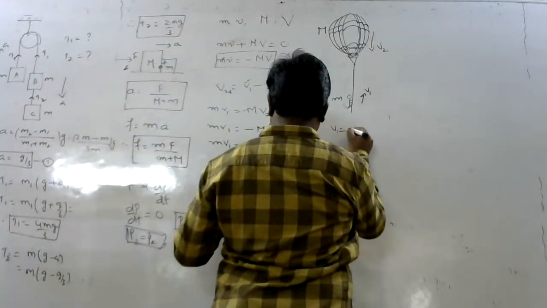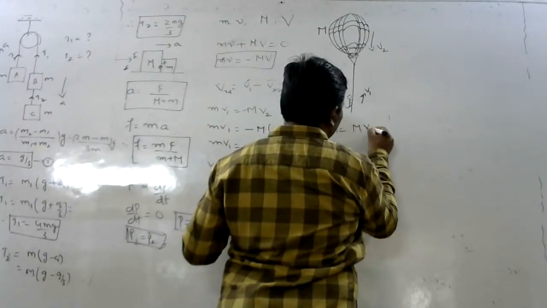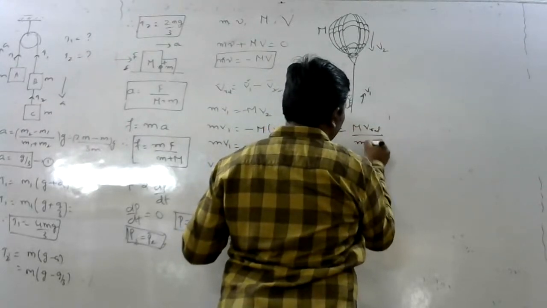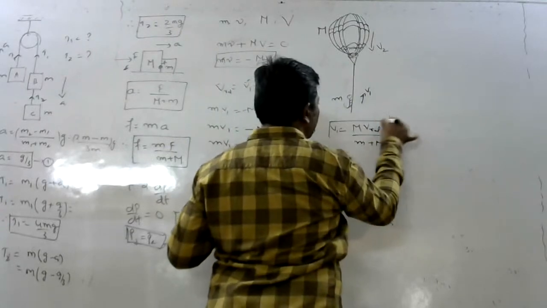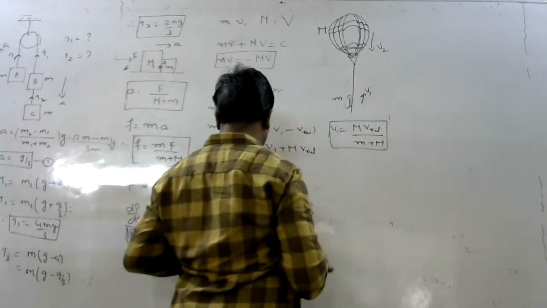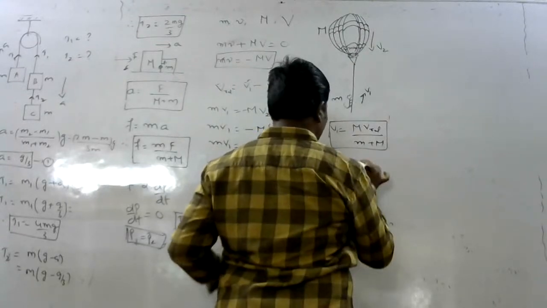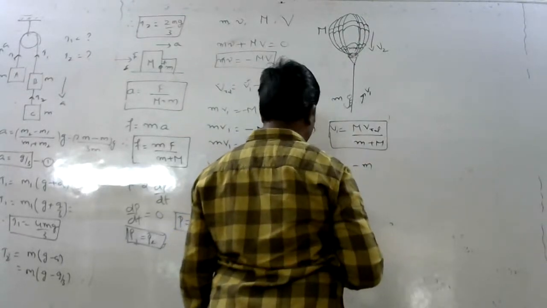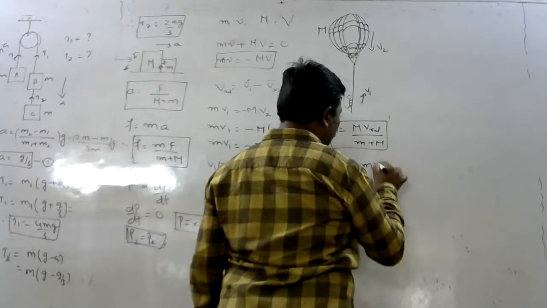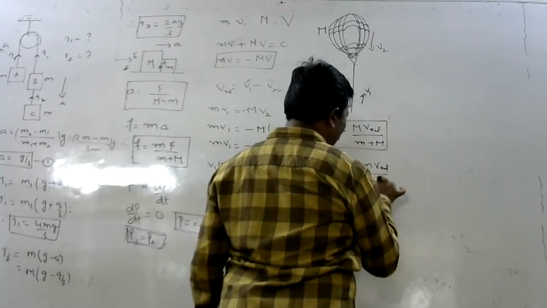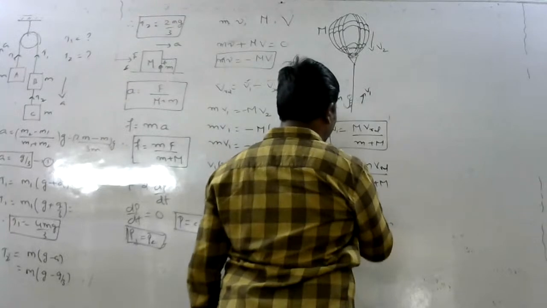So v1 is equal to m into v by small m plus capital M, same formulas. And also velocity of balloon V2 is equal to minus mass of monkey into V relative by small m plus capital M.